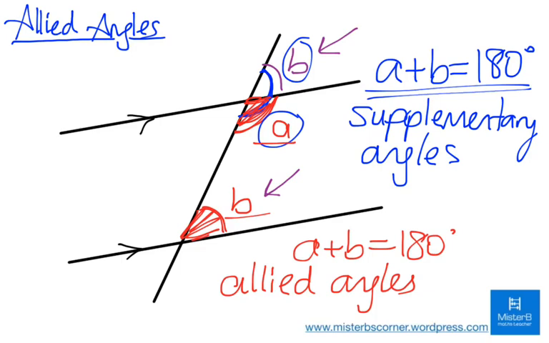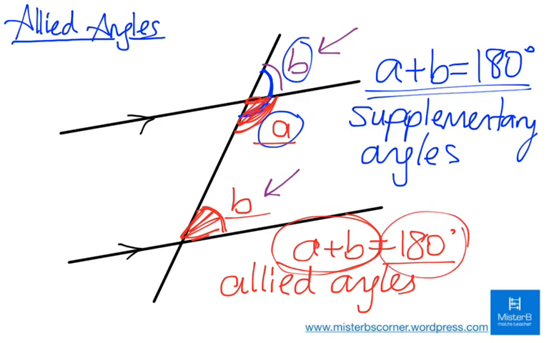So this is the only property in angles and parallel lines that you add two angles to find 180, right? Others are, alternate angles, they are equal, corresponding angles, they are equal, vertically opposite angles, they are equal as well. So this is the only one which you're supposed to add two angles and find 180 degrees.